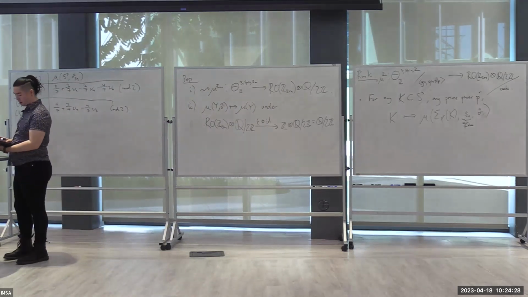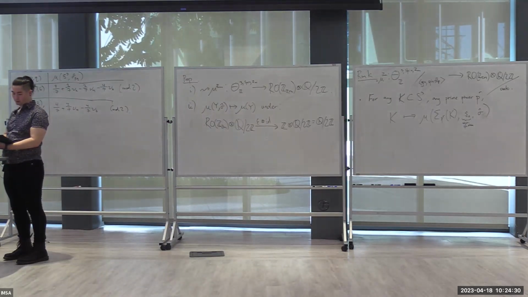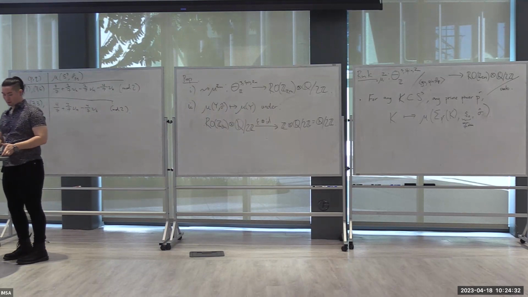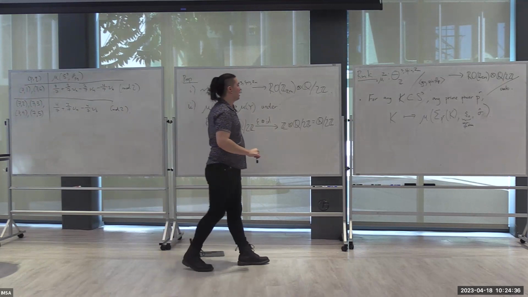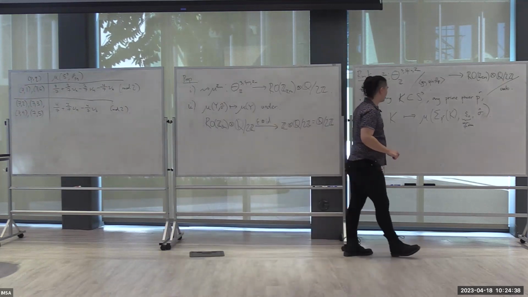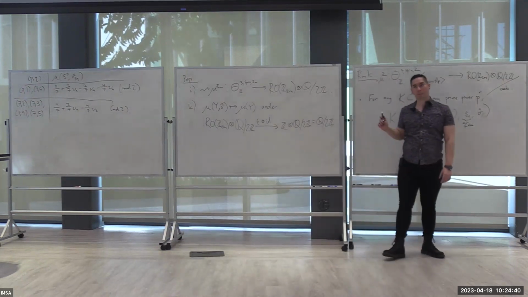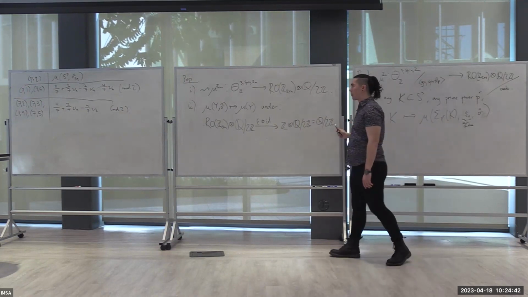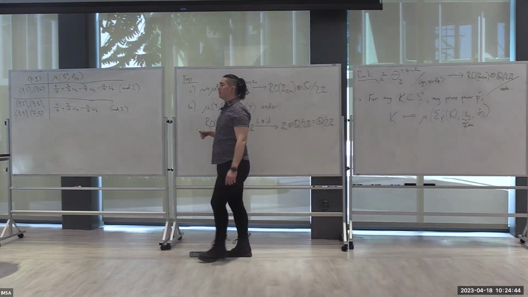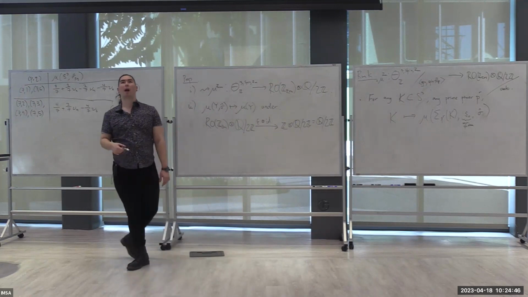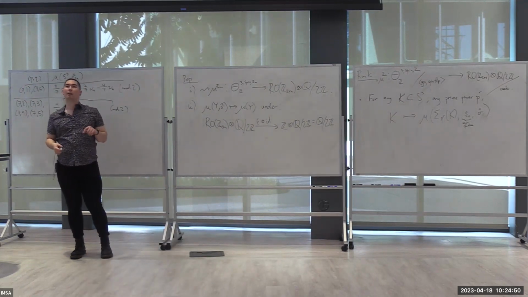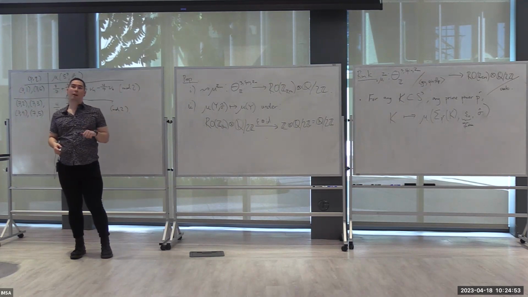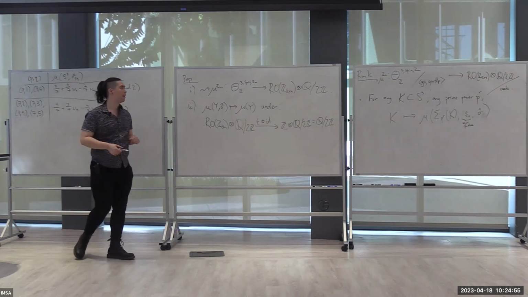I'm running out of time, so let me just say, analogously to how the Seifert-fibered correction term is like an integer lift of the Rokhlin invariant, you can define an equivariant correction term.